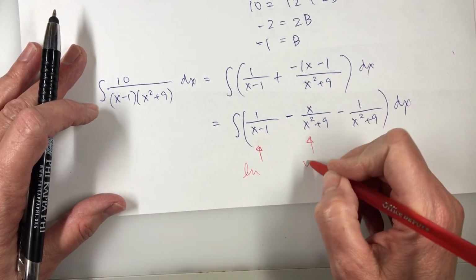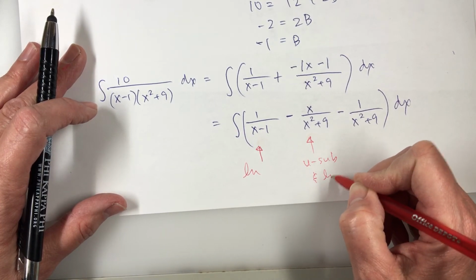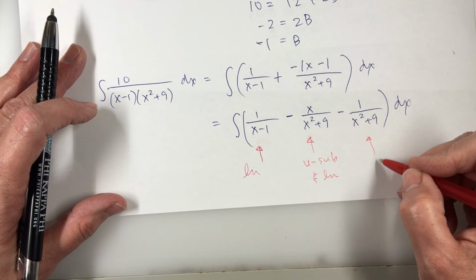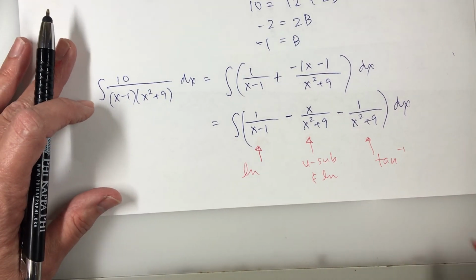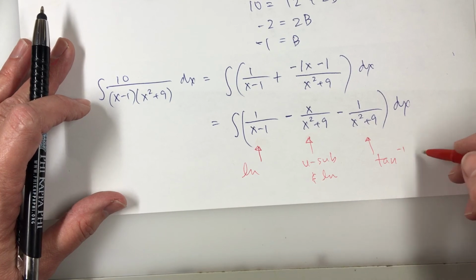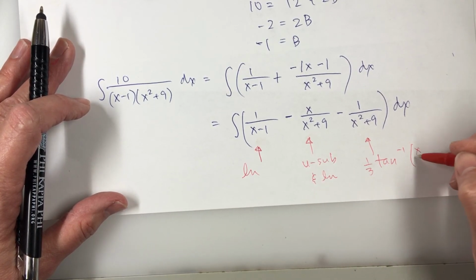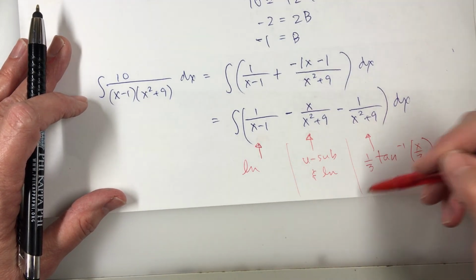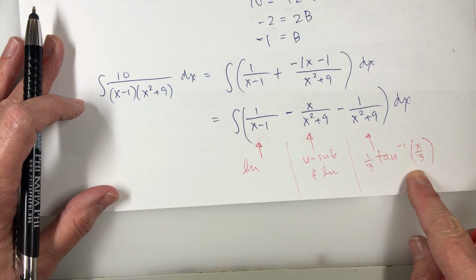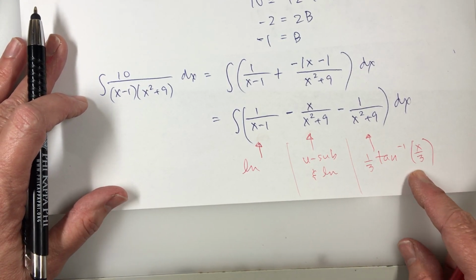This one is u sub and then natural log. This one is going to be some inverse tangent. I probably need to show a few details on that. So we'll hold that for tomorrow.